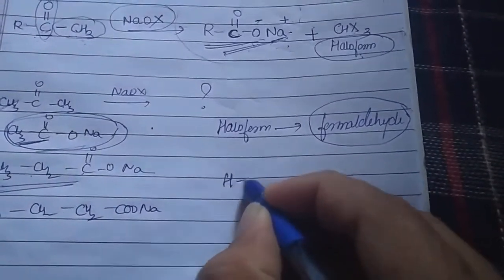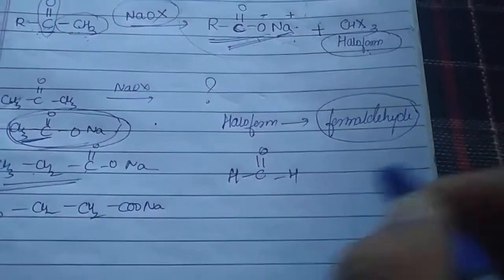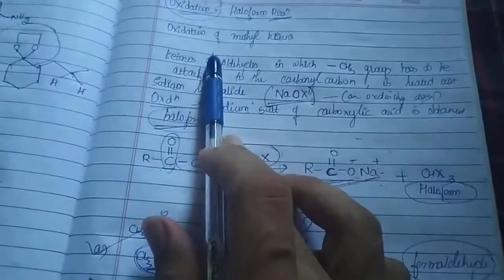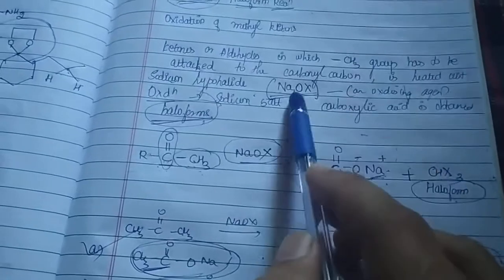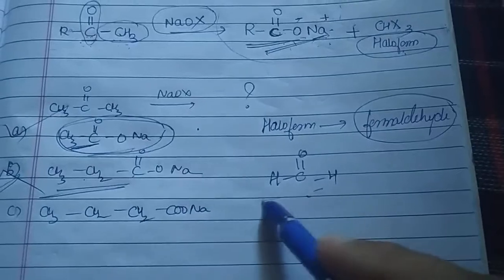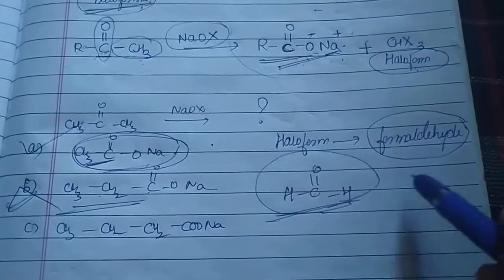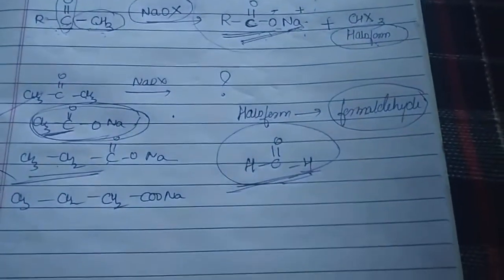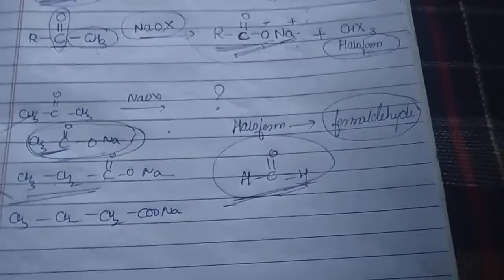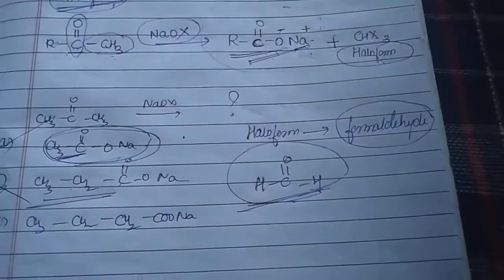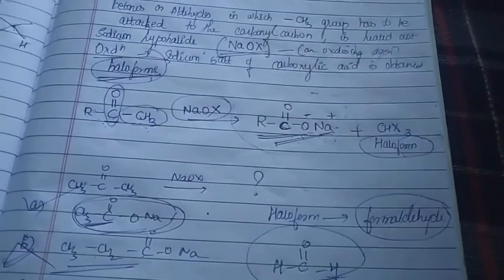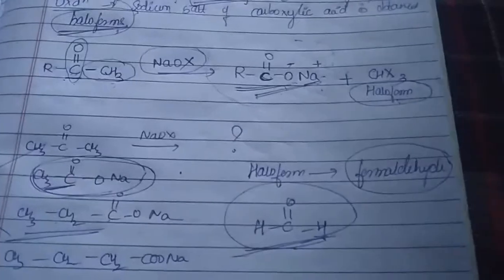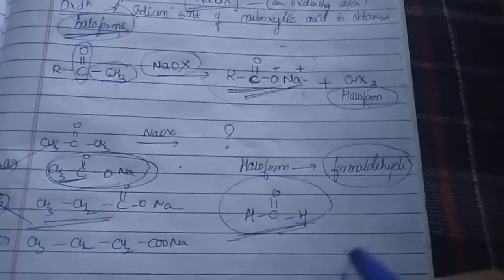Because when you write it, it is HC double bond OH, and for the haloform reaction, what they have said is that a methyl group should be attached to the carbonyl carbon. But here it does not have any CH3 group, so it will not undergo the haloform reaction. In simple words, we cannot oxidize formaldehyde in the haloform reaction. We can oxidize formaldehyde in some other reaction, but not in the haloform reaction.